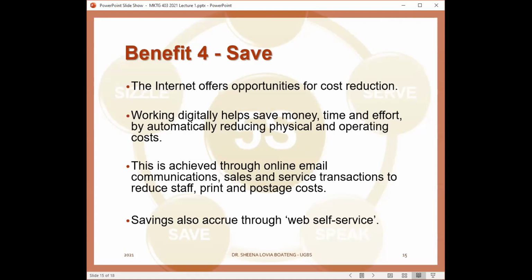Okay, moving on. So the cost reduction here, like I said, involves the cost savings that the internet affords marketers outside of the traditional setting. So listen to this scenario. If you were to decide to open a shop, say a boutique, to sell clothes in the brick and mortar context, which is offline, you will have to find a physical location, which is a store location, which you have to pay rent for.